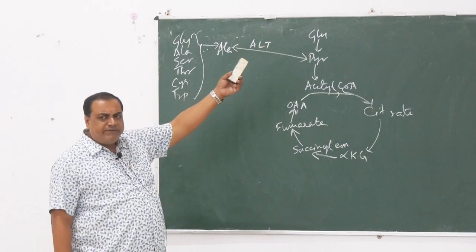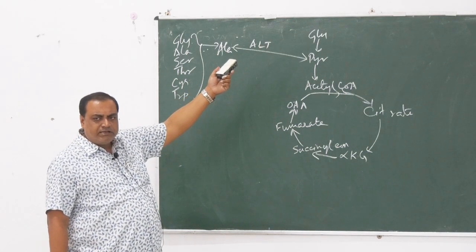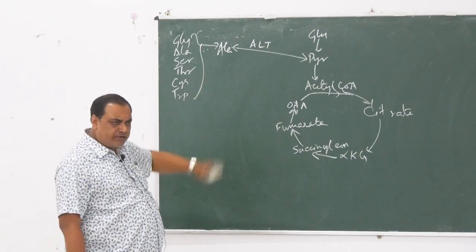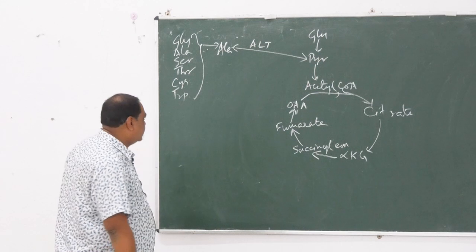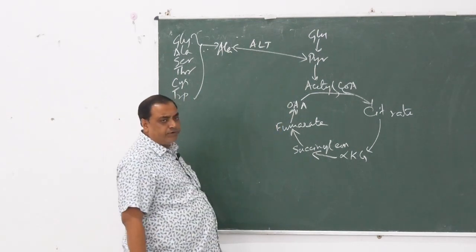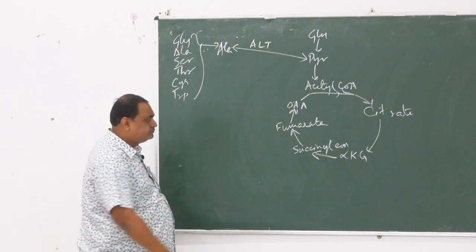The glucose I have already explained in the last class. From glucose 6-phosphate it can come, from diet, etc. So that I am not discussing here. Now acetyl coenzyme A. What are the different sources?